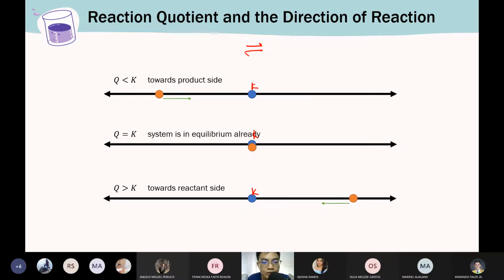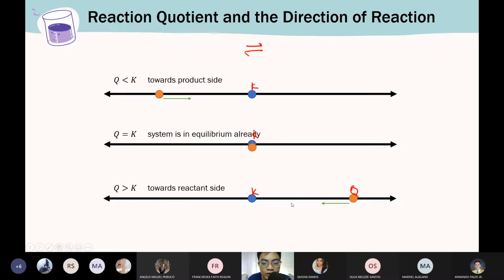Now, if Q is equal to K, then walang direction yung reaction. No? Nasa balance na siya. While if your Q is greater than K, okay, in the number line, meaning this is your Q, and this is the K. You wanna go to K, diba? So, in this sense, no, kapag greater than K siya, you have to go to the left, okay?